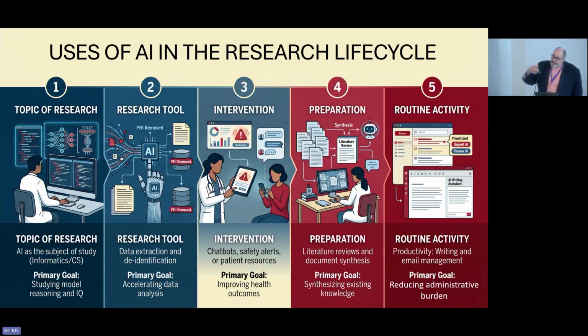Then you might have AI as an intervention. Now AI is moving into the hypotheses and the aims in terms of a central actor in trying to create a new outcome. And so you have AI as intervention.